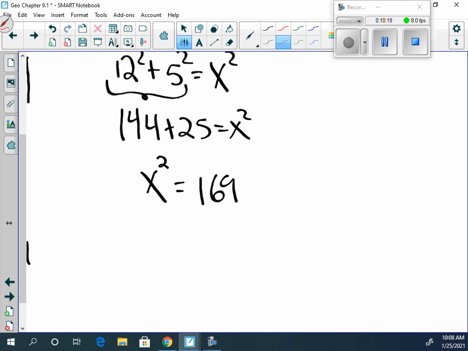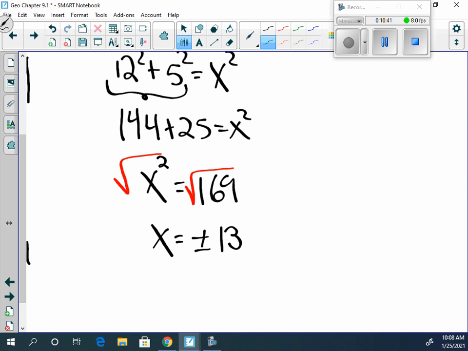Yes, because once we add them together, we square root it because I want to know the value of x, not the value of x squared. Now x is equal to what? Plus or minus 13. The square root of 169 is plus or minus 13.